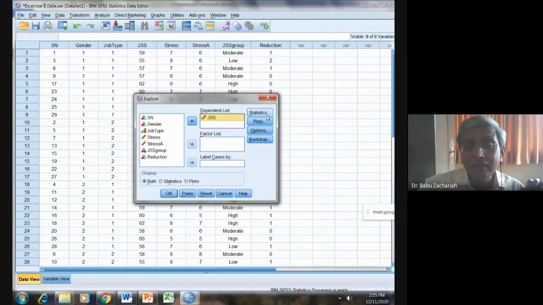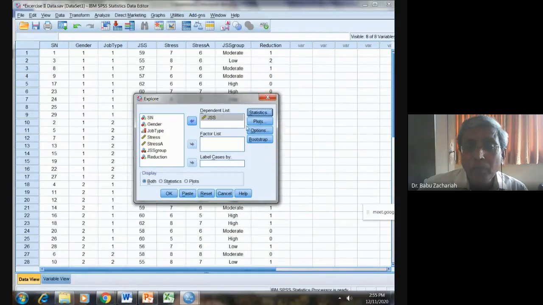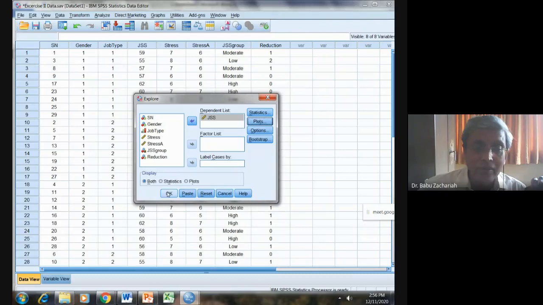In statistics, descriptive is sufficient. And in plots, you include histogram and normality plots with tests. Please remember this: stem and leaf graph, histogram, normality plots with tests. Continue, and now you click OK.